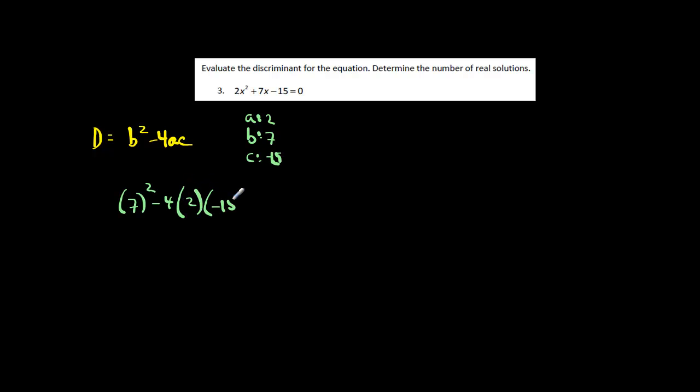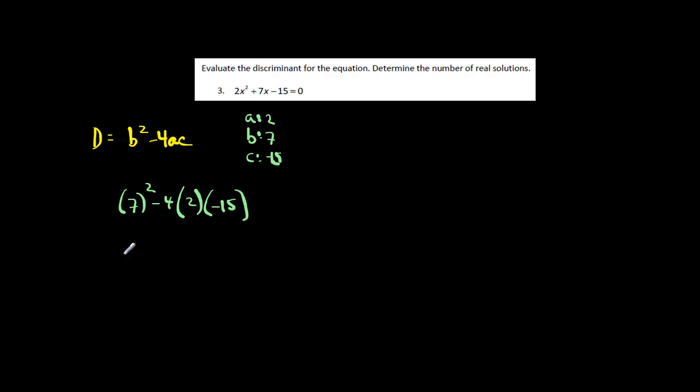Number 3, evaluate the discriminant. It's in correct order. Remember, the discriminant is b squared minus 4ac. So for this problem, a is 2, b is 7, and c is negative 15. So b squared minus 4 times a times c.